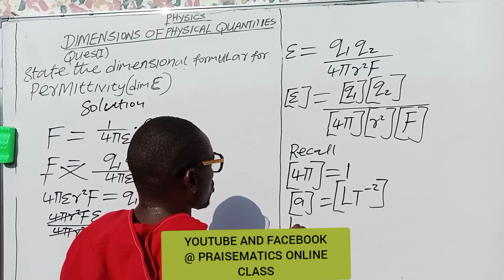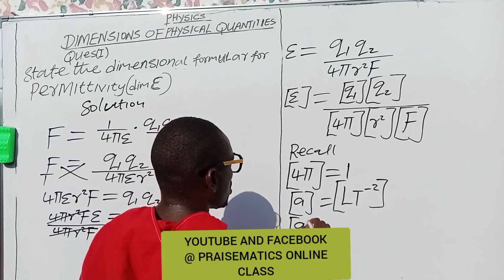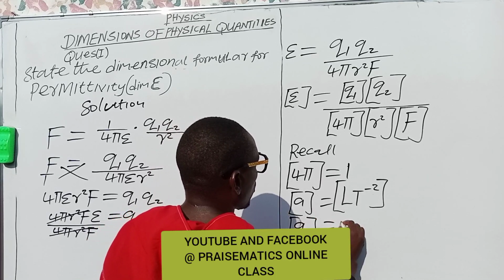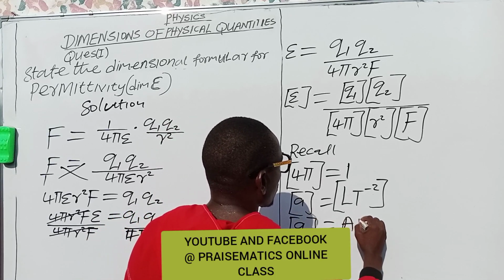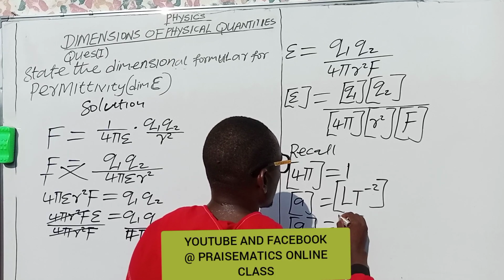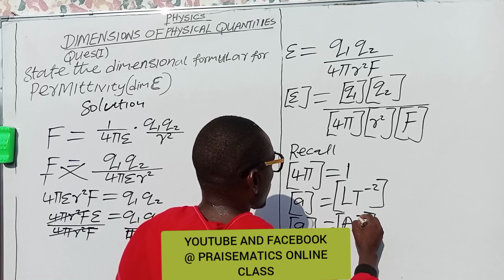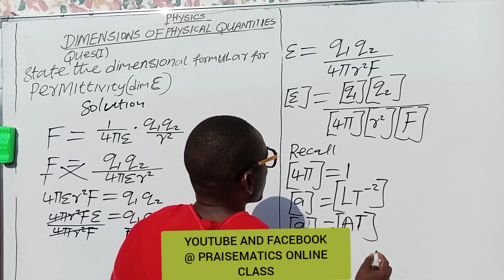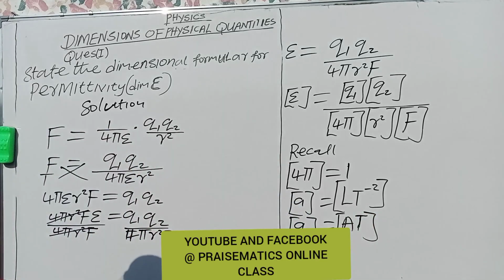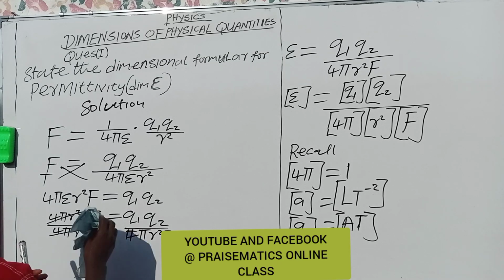And the dimension of charge is AT, because it is current multiplied by time. You need to know all these things. Okay, let's continue.